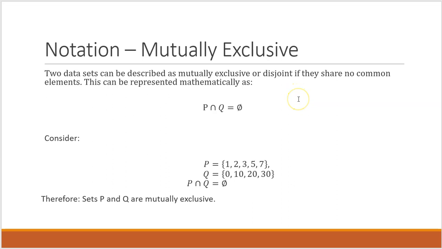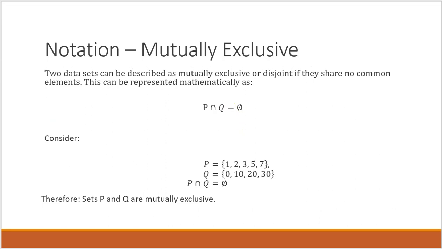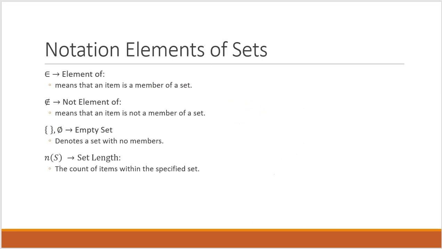This can be represented mathematically as the intersection of P and Q having no common elements, or it creates an empty data set. So remember this symbol here, the O that's been dashed out, where are we? Here it is. It represents an empty set.